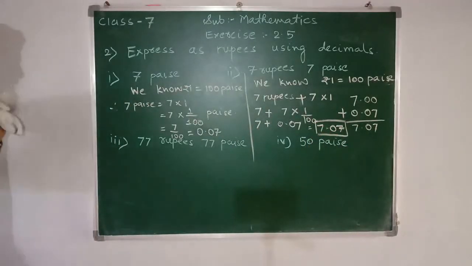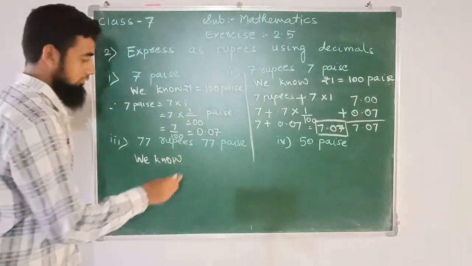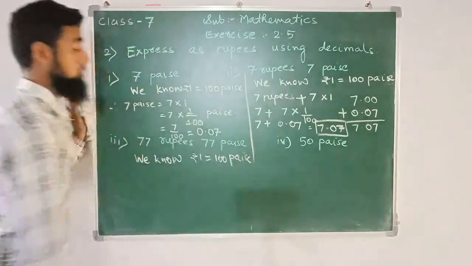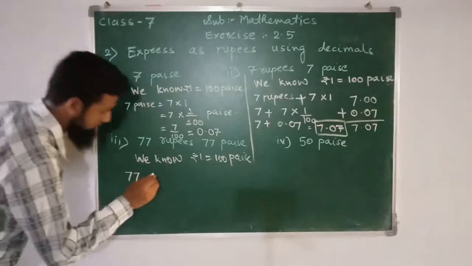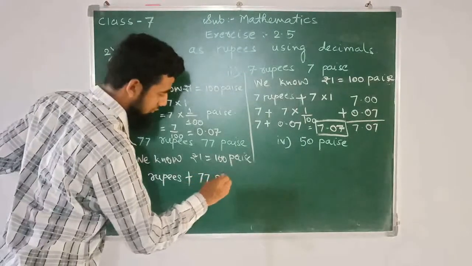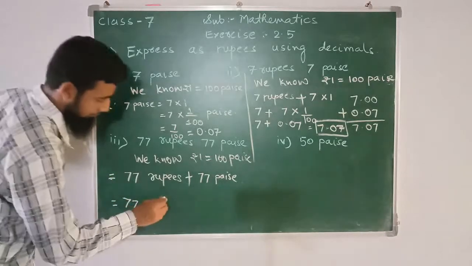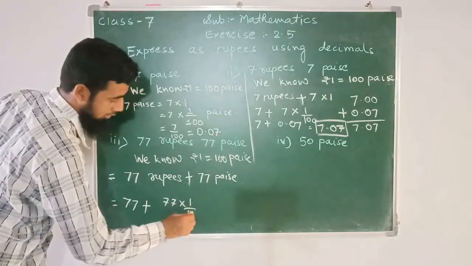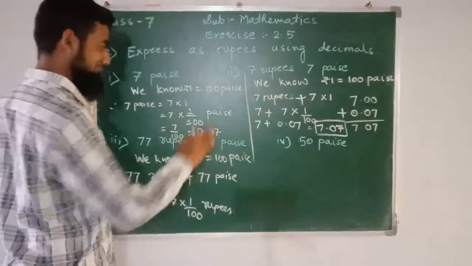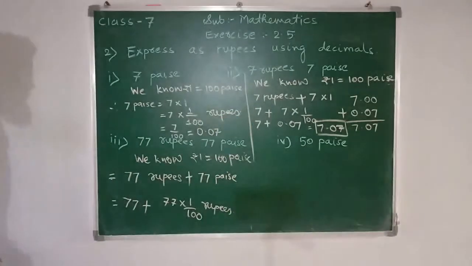Clear? Now last, we know in a question number 3, 77 rupees, okay, so 77 rupees plus 77 paisa. Okay, so 77 plus 77 multiplied by 1 upon 100 rupees. Okay, so paisa will not come, rupees will come beta. Clear? This thing you should keep in your mind.